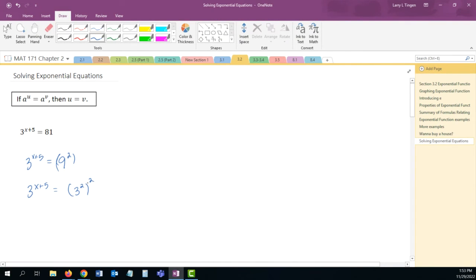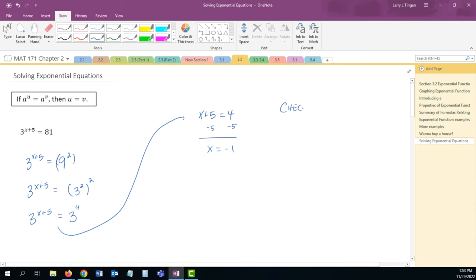So I have 9 squared, well, that's 3 squared, squared. Raising a power to a power means you multiply. And the property says if 3 to the x plus 5 is equal to 3 to the 4th, then x plus 5 equals 4. Solve for x, subtract 5 from both sides. And we're going to find x is equal to -1.